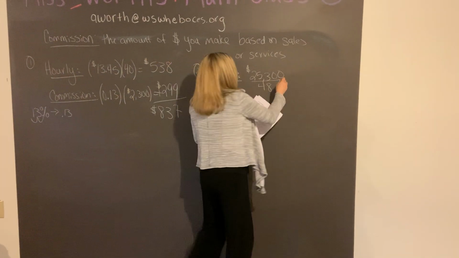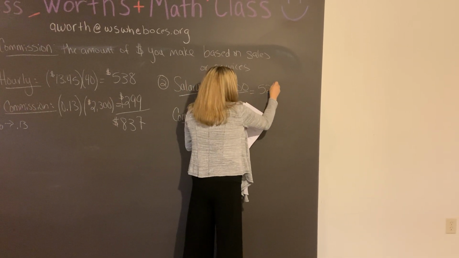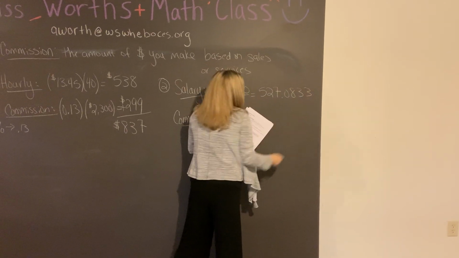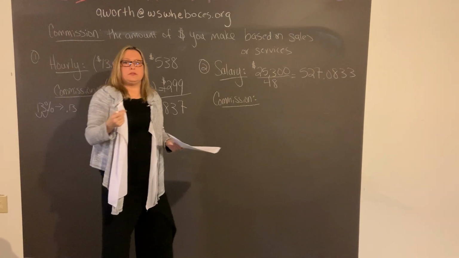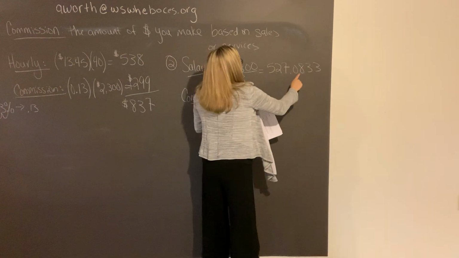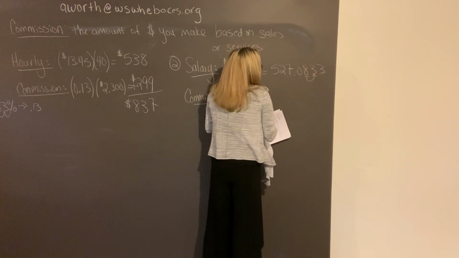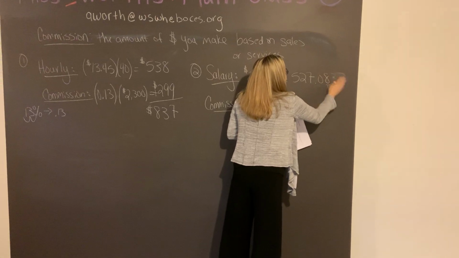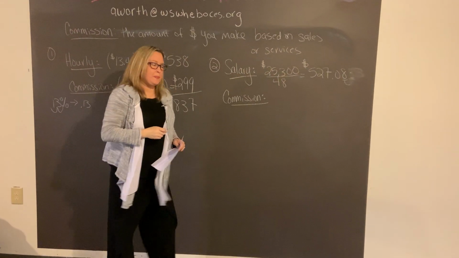When I divided these, I got 527.0833. Okay? Again, we're talking about money, right? So 2 decimal places. I'm going to look at that 3, and I'm going to look at the number after it. It's below 5, so guess what? I'm just going to leave it. Okay? Don't forget your units.